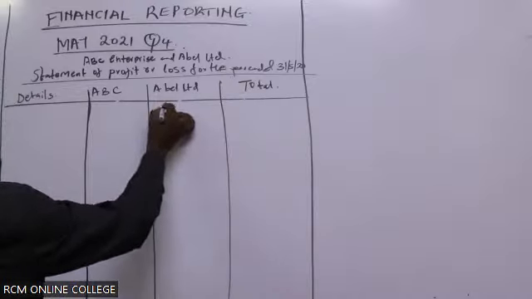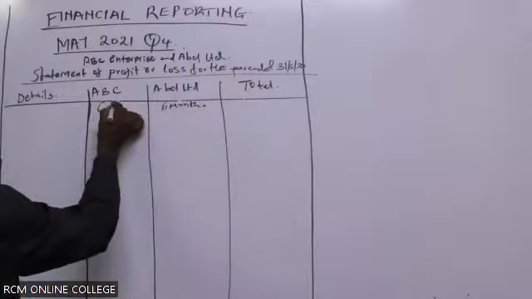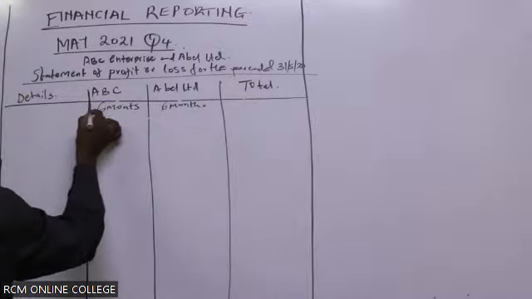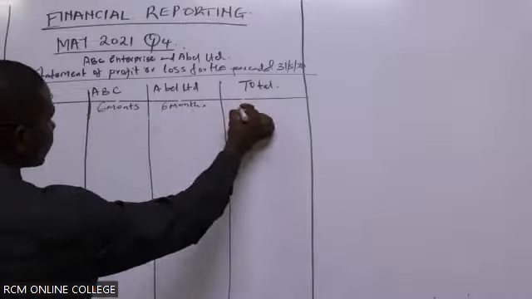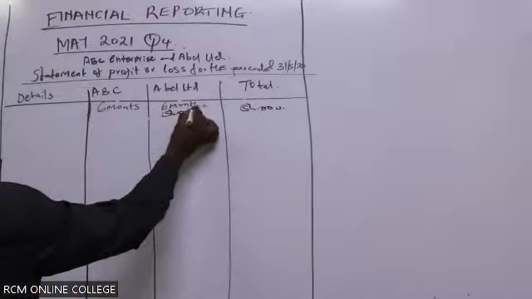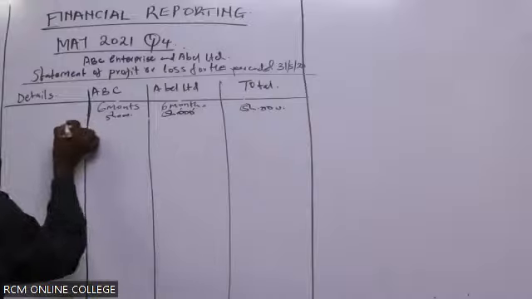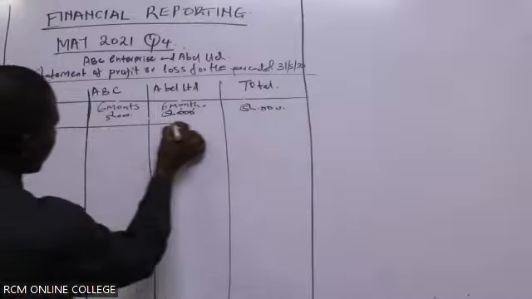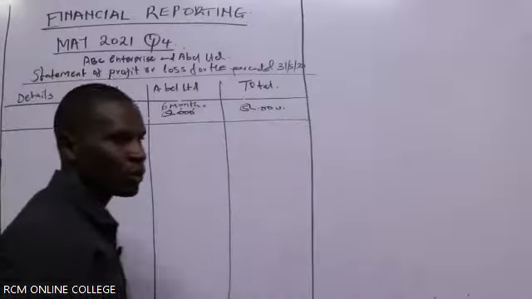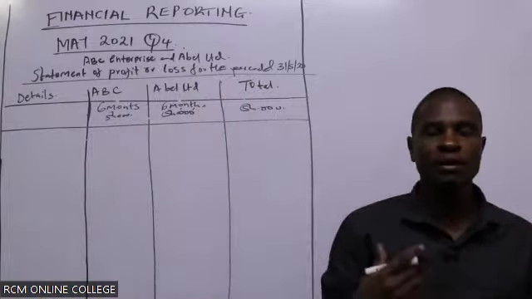So here we can have 6 months, doing this for 6 months, and let the shillings be in 1,000. Once you're done with that framework, good to go now, because you understand the procedure or the format of coming up with the income statement.